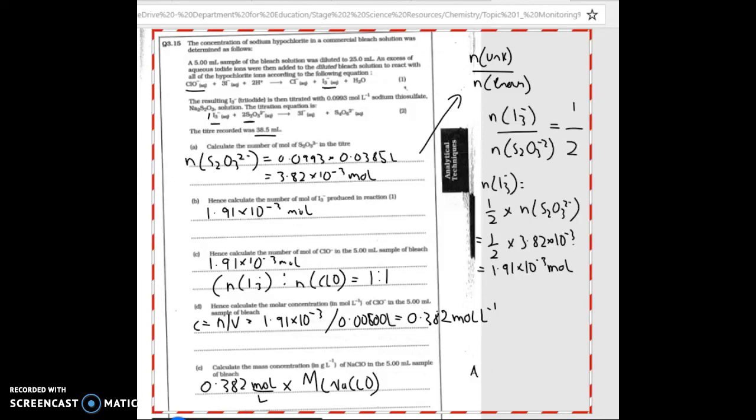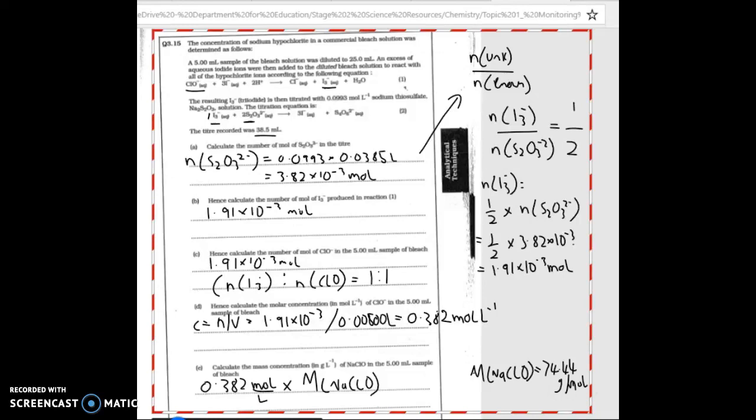The big M of NaClO, if you look it up in your periodic table, adds up to 74.44 grams per mole.